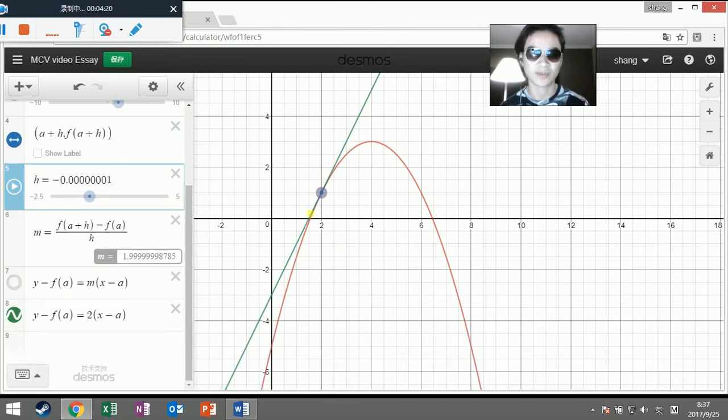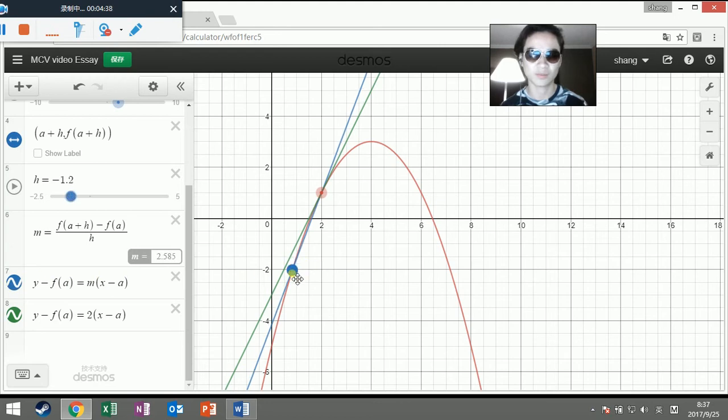Like the green line, we call this line the tangent line, because the addition point gets closer and closer to the base point.